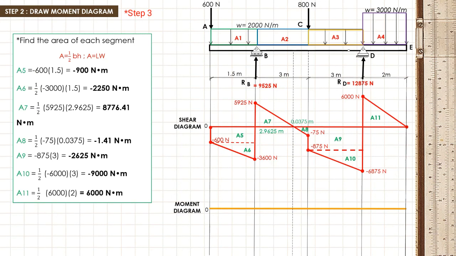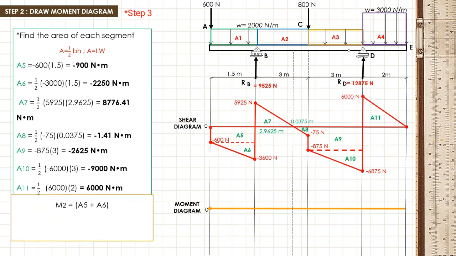Now let us proceed in drawing the moment diagram using shortcut method. For M1, we will start at 0, line reference. For M2, we must add A5 plus A6, which is negative 900 plus negative 2250. The sum is negative 3150.